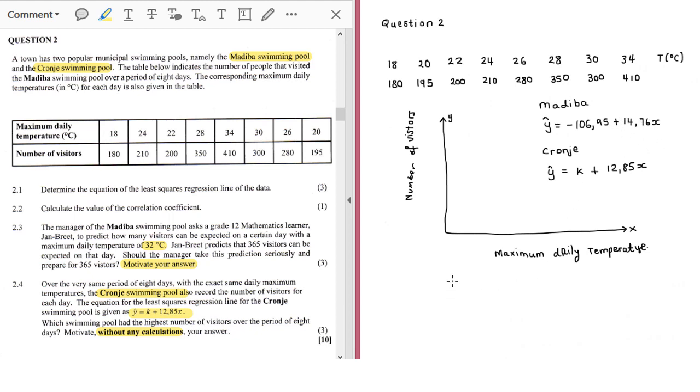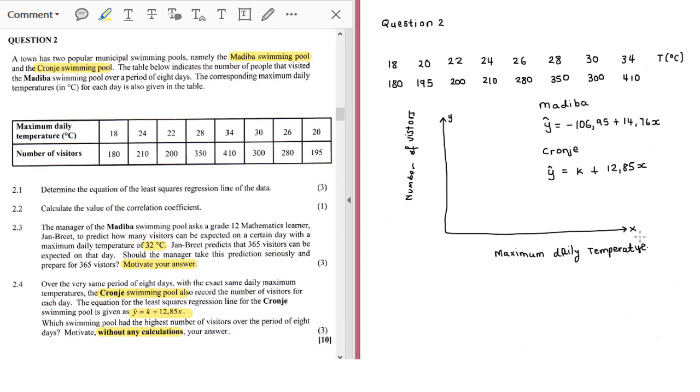We know that slope is basically a rate of change. The one that has the greater slope has a greater rate of change. What do we mean by a rate of change over here?